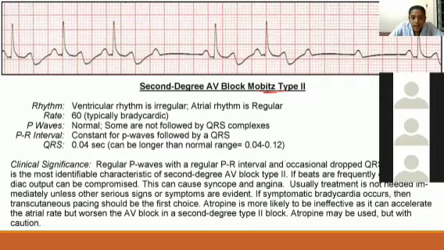So the patient will have a shortage of oxygen supply to the tissues, which leads to symptoms. Mainly the symptoms of this heart block are syncope and angina. Why is syncope happening? Syncope happens when there is decreased blood supply to the brain.